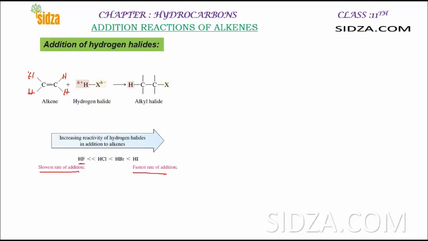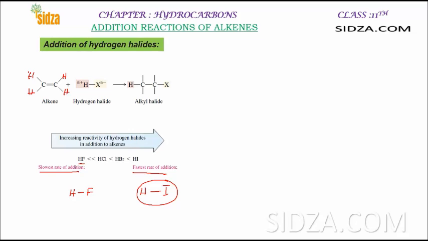So with HF it has the slowest rate of addition, with HI it is the highest rate of addition. Reason: in HF the bond strength is very high, the bond dissociation energy is high, while in HI the bond length is more, bond dissociation energy is less, so it is easy to add HI across a carbon-carbon double bond than HF.